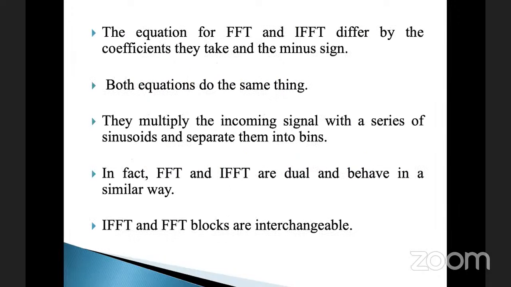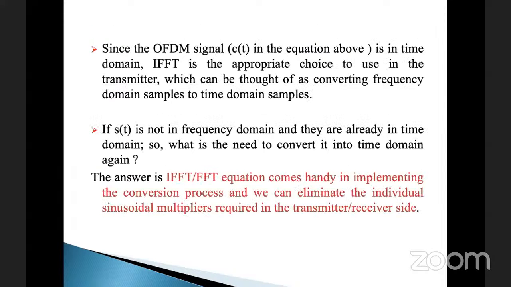So this IFFT and FFT actually behave in a dual way. These blocks we can also interchange. And these IFFT and FFT equations come in handy in implementing and also in the conversion process. We can eliminate the individual sinusoidal multipliers required for the transmitter and receiver side.